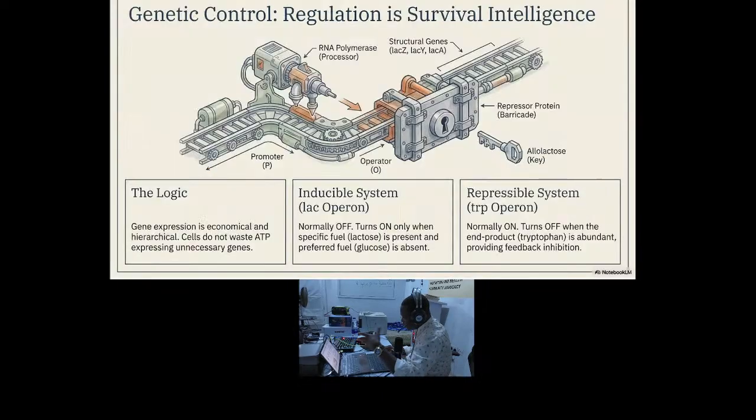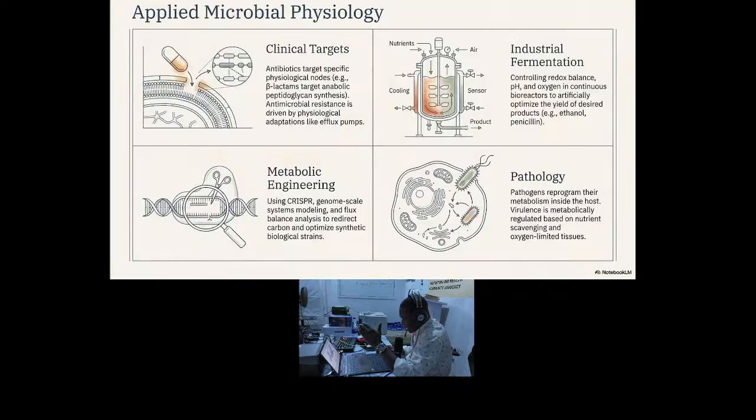Then we looked at how all this is controlled, gene off and gene on, which we will learn more about in microbial genetics. And we also looked at the applications of microbial physiology, so that some of you will not continue to say, why are we doing all this? They are very important and very useful to us in the four key areas which we have mentioned.